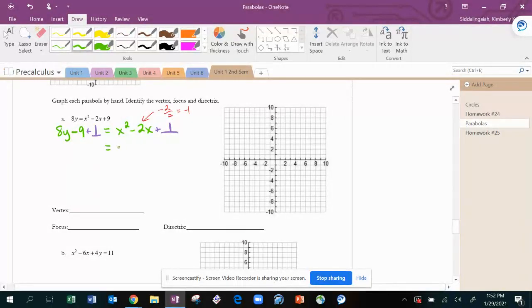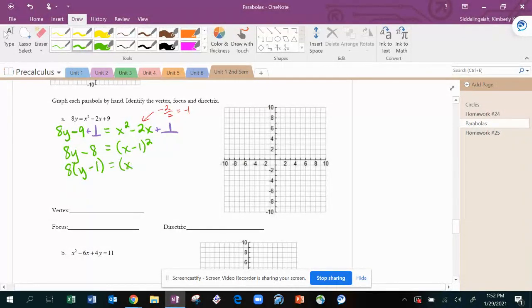So that means this right side is going to be x minus 1 quantity squared. We completed the square so that we could write that as a squared quantity. This left side is going to be 8y minus 8. That's quite lovely. I'm going to take an 8 out.